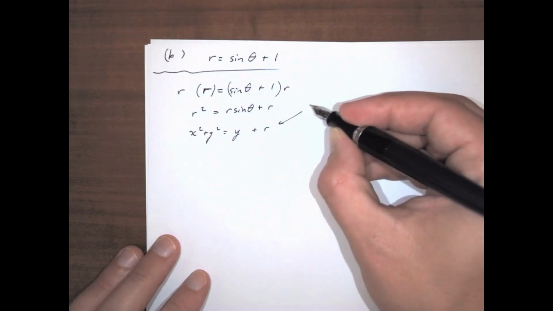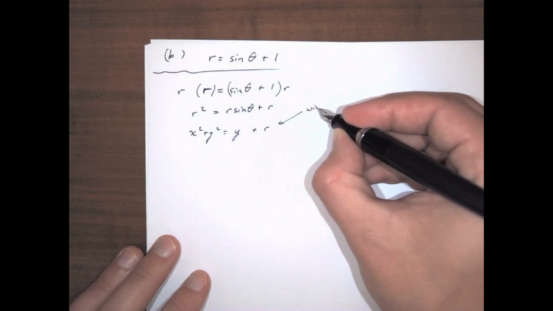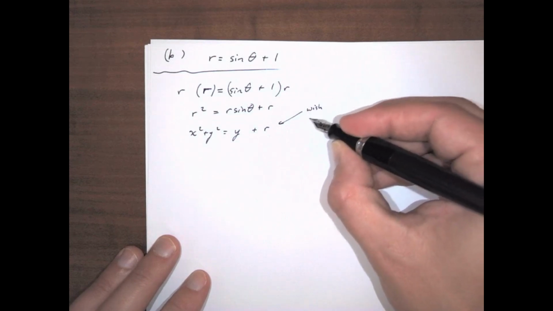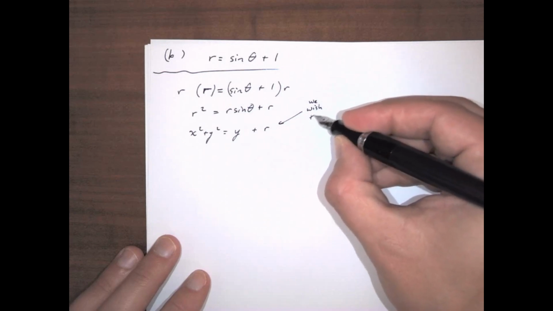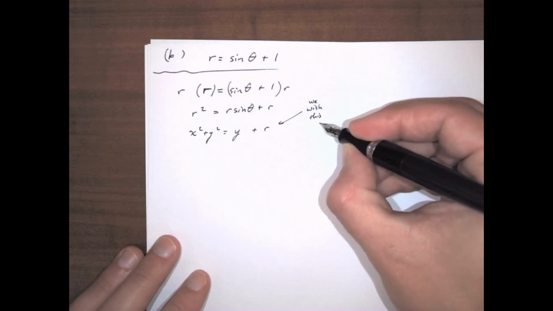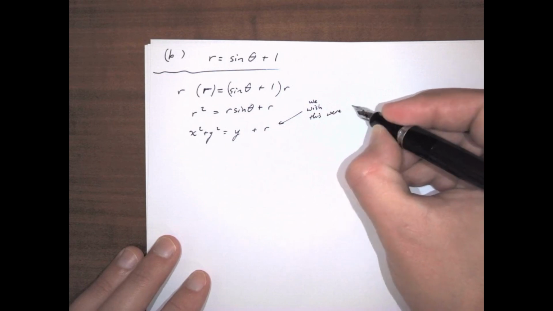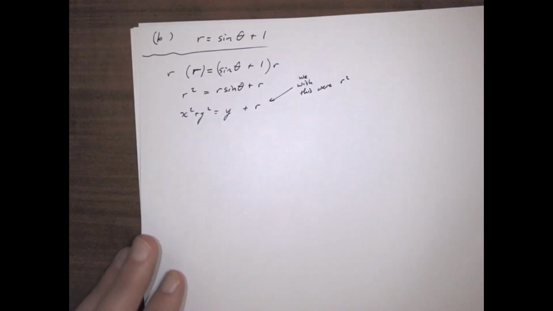So I wish that were r squared. We wish this were r squared. So when you wish something like that, one thing you can do is move everything to the other side and then square it.